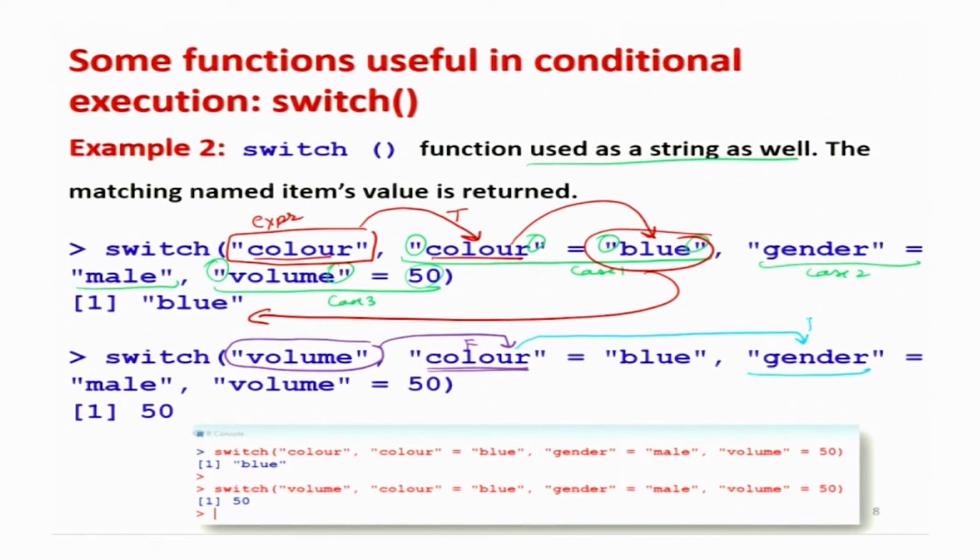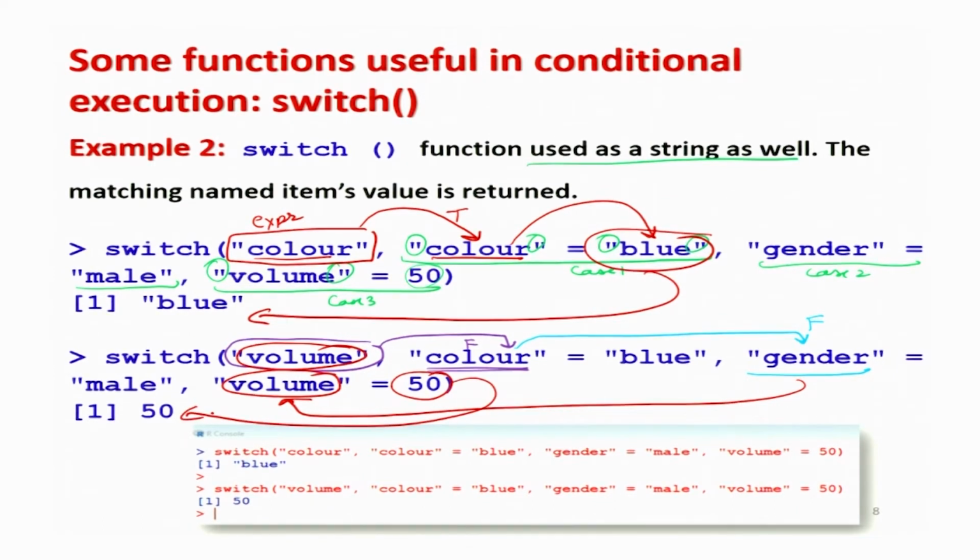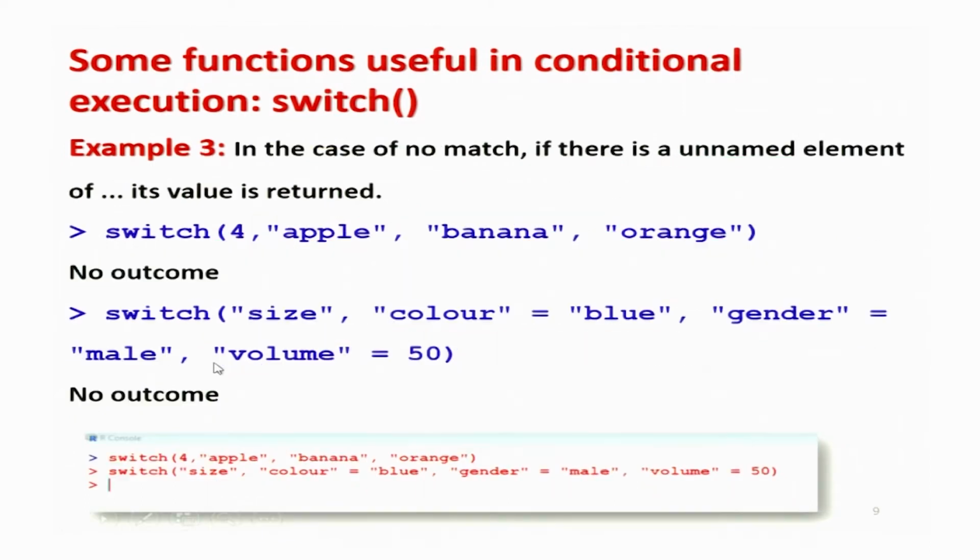Once again it comes out to be false. So now it will move further, and it will come to case number 3. Now this volume matches with this volume, and whatever value is assigned to this volume, which is 50, is reported here. So you can see that it is a very simple operation, but it is very useful when you are doing programming and you want to have this control structure.